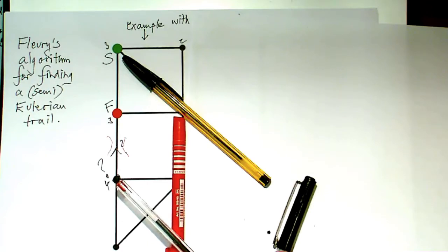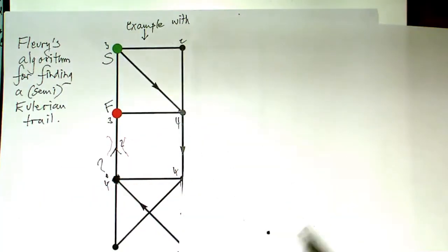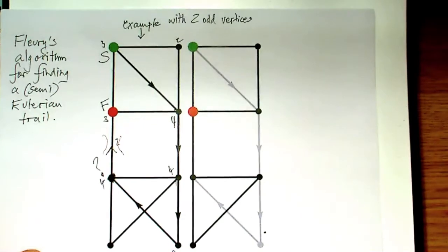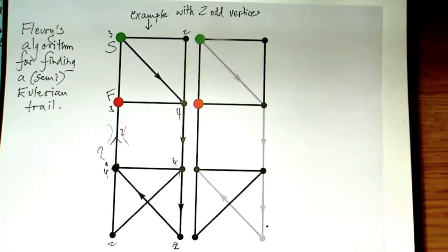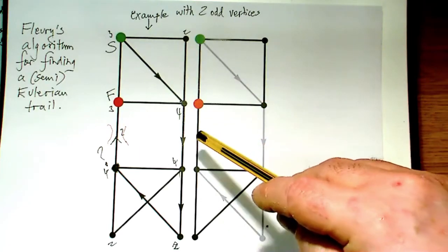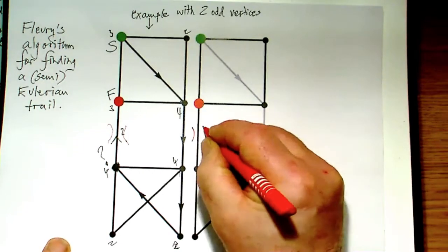I have to first of all do another choice until I'm forced to. So the idea is, here's a better picture in which the grey shows, you should really think of the grey as being removed, and you see if you remove the grey, this edge becomes a bridge.